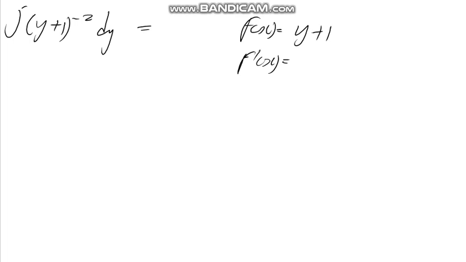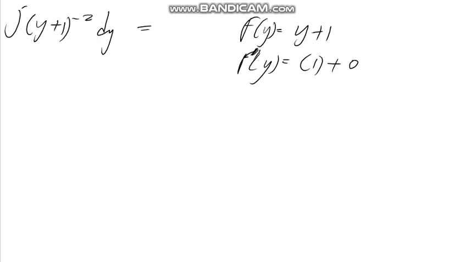Since now we are doing y, you can say f of y, because we are differentiating y. When you differentiate this, you'll have 1 plus 0. The differentiation of a constant is 0.